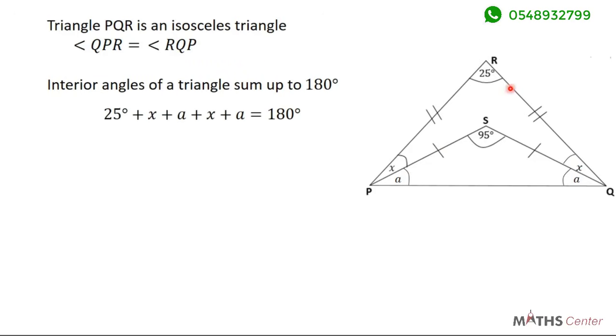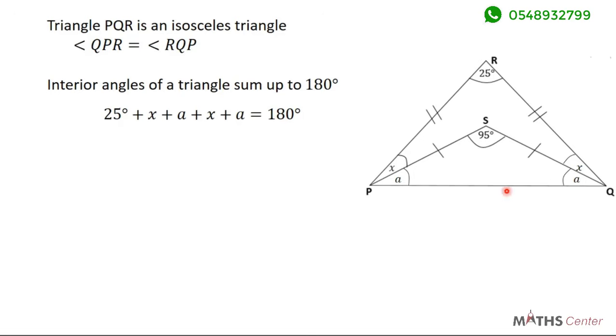So we are now considering triangle PQR. So it means that 25 degrees, which is this angle here, plus S plus A plus S plus A must give us 180 degrees.